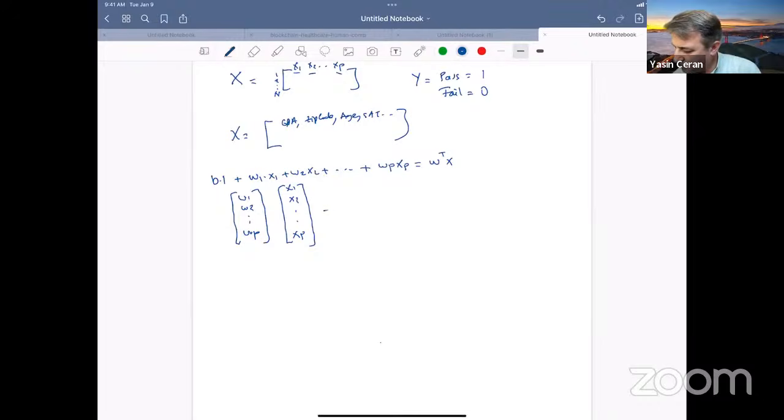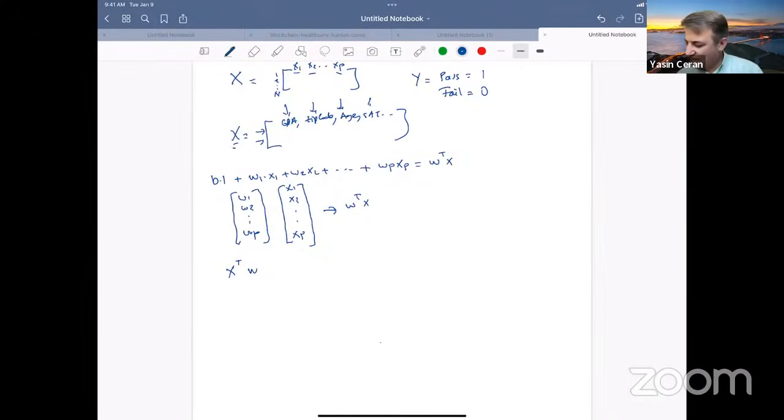So in this case I use W transpose times X. I can write it this way, or if I'm using capital X, remember capital X has columns and rows. Rows are all these individuals, columns are the attributes. If I'm using capital X, I'm going to use a different format: X transpose times W.